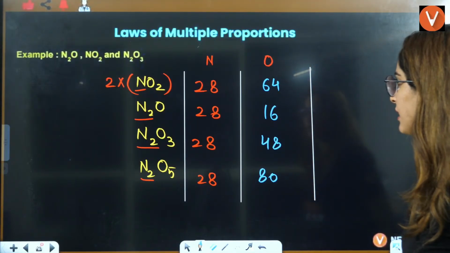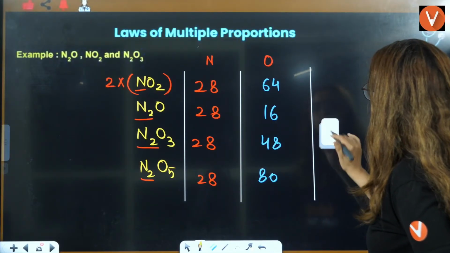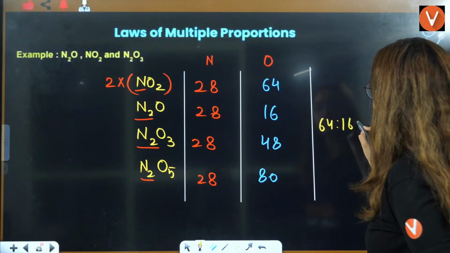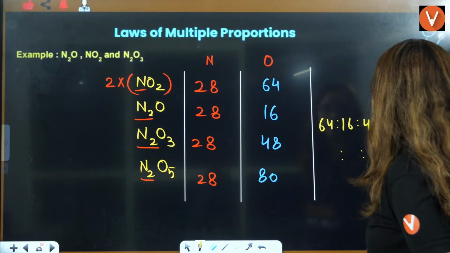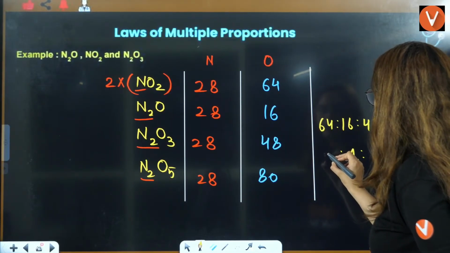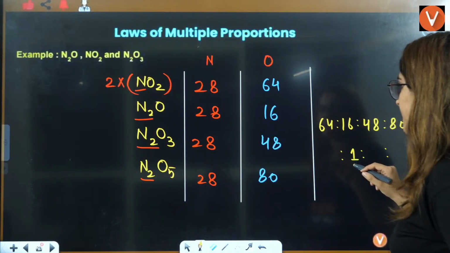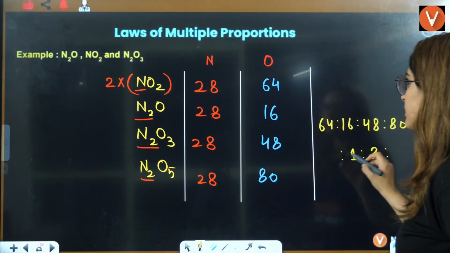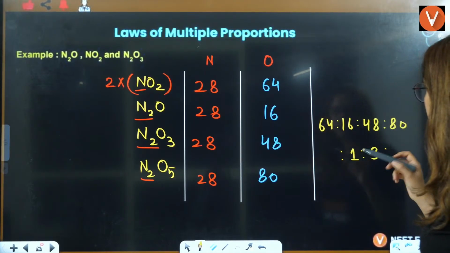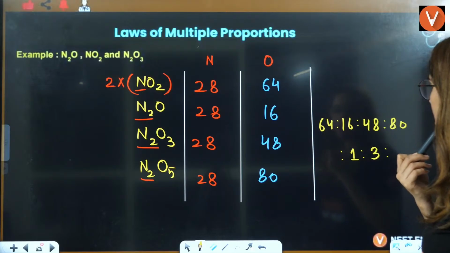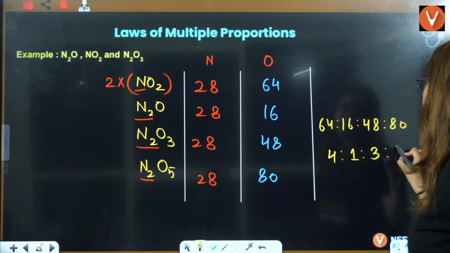So you have this thing. Can you see all these are in the simple whole number ratio? 64 ratio 16 ratio 48 ratio 80. If you take the simple whole number, this will be 1, this will be 4, this is 3, this is 4, this is 5.